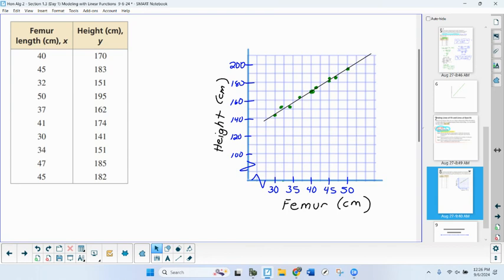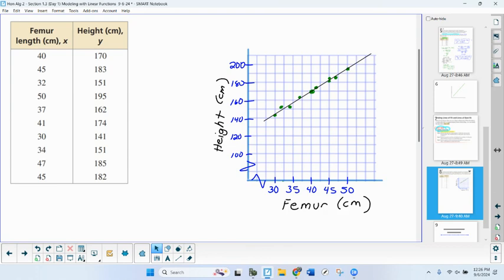All right, so now at this point, is everybody at least to this point? Lightly draw, use a straight edge, draw your line of best fit. At this point, you want to pick 2 points that are on your line. Now, they do not have to be data set points, okay? They could be other points.